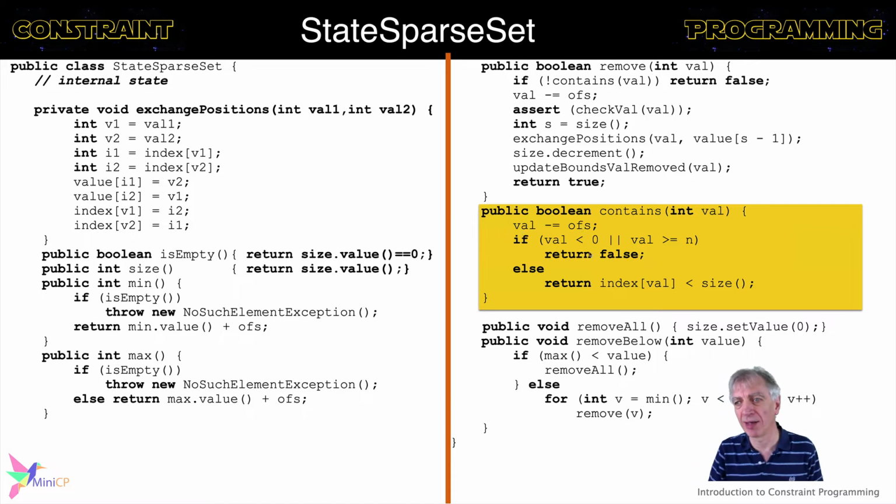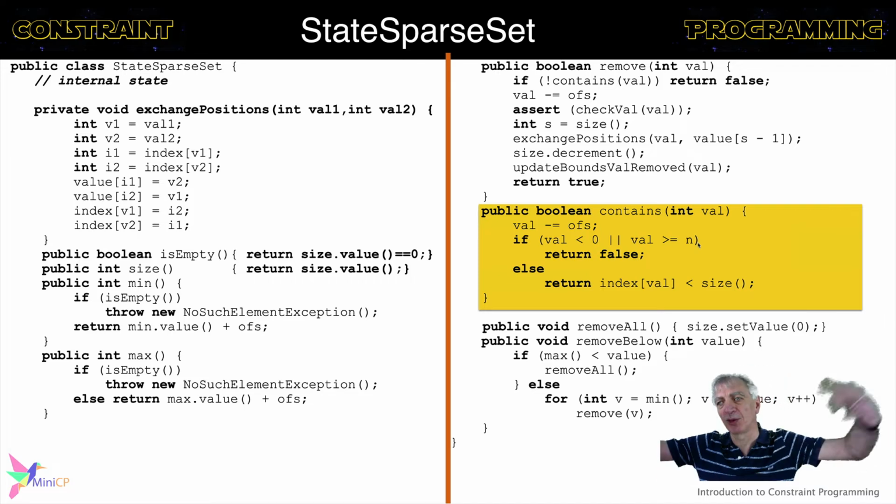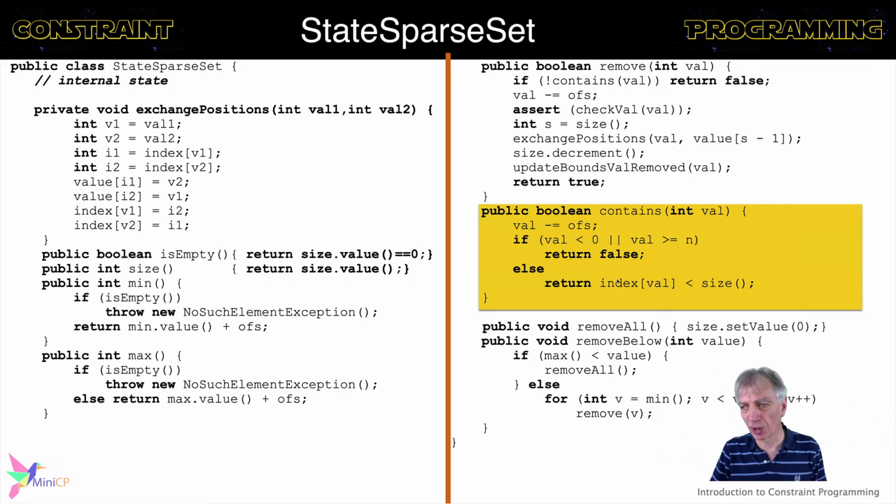So I have the value 5. Now I look if this is smaller than 0 or greater than n. If this is the case, the value greater or equal to n, then the value is not in the domain. I return false. Otherwise, I do what I told you before, right? I look at the index of this value, and if it's smaller than the size, okay, the size is here. This is the size of the sparse set. Then, if it's smaller than the size, it's inside the set. Otherwise, it's not.